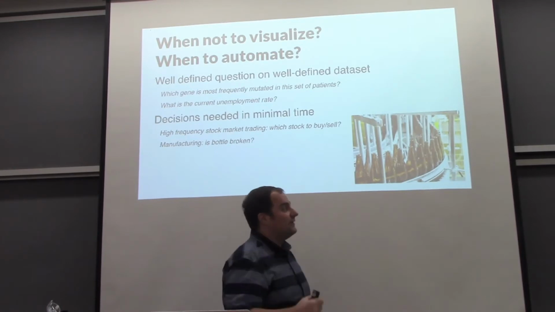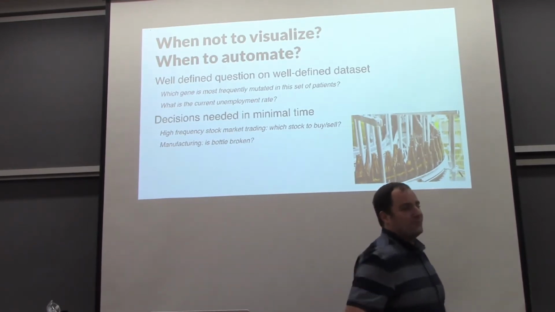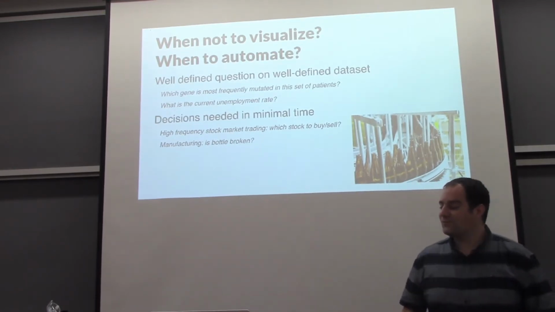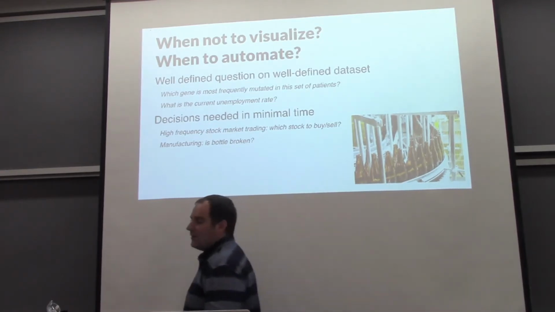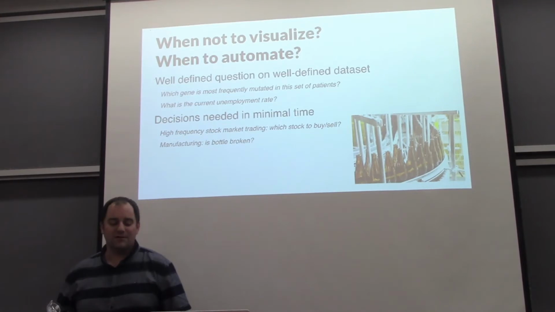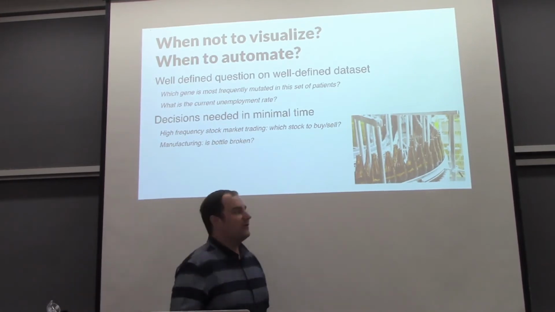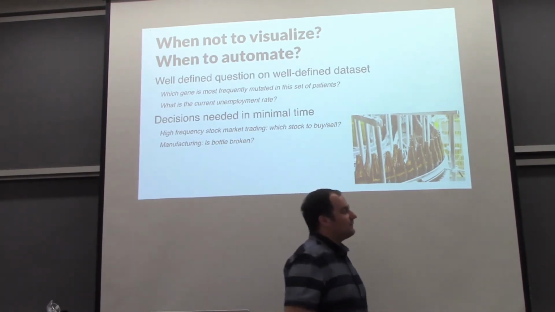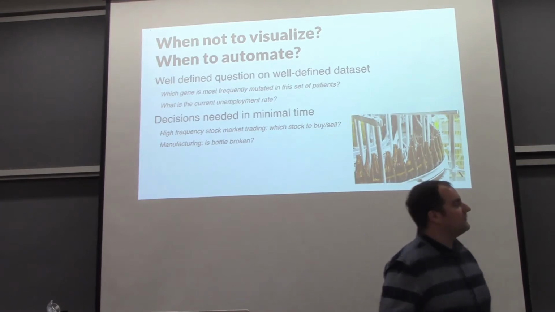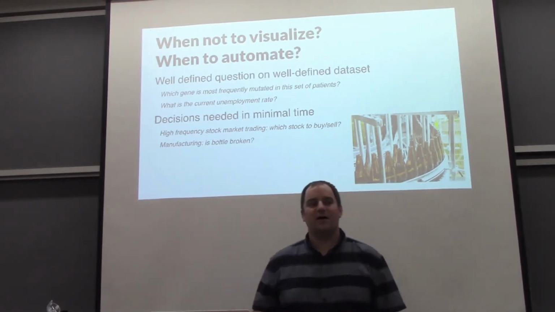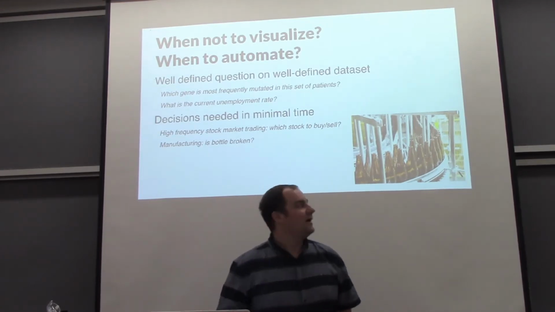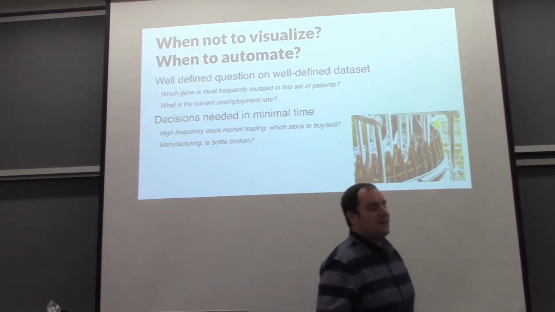So there are reasons not to use visualization, of course. There are two main areas. I would say the most important one is when you have well-defined questions on a well-defined data set, then you don't need visualization. Like which gene is most frequently mutated in a set of patients. You can run an algorithm, you get out a number, or in this case a text field, and you'll have the answer.